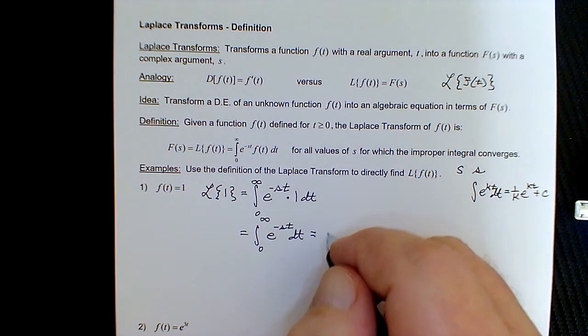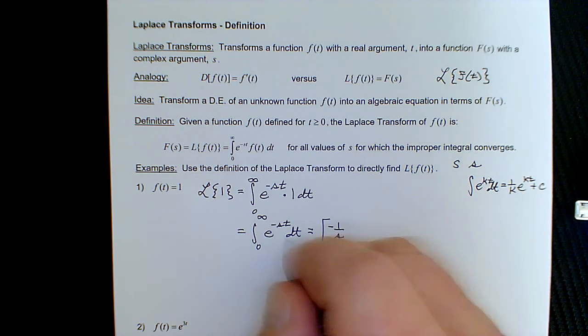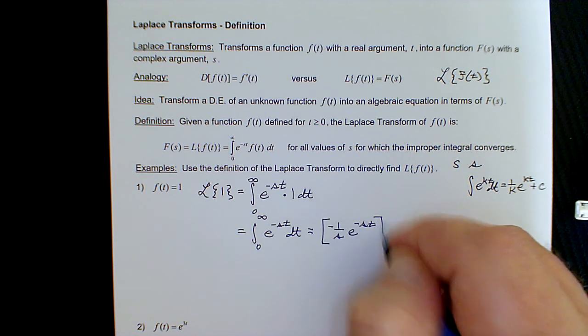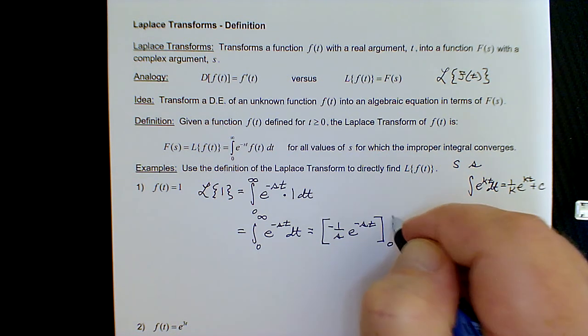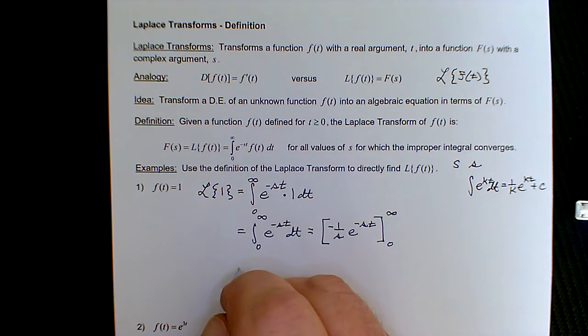So we get 1 over negative s, or negative 1 over s. But what we do is we use these square brackets right away, and we say negative 1 over s e to the negative st, and then we carry along the limits of integration 0 to infinity with those brackets. So that's what's referred to as a common abbreviation for, and then we introduce the limit.